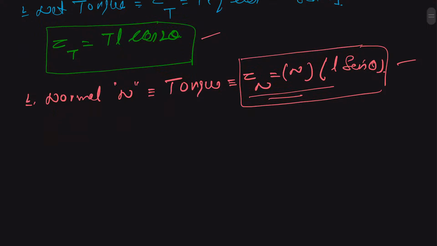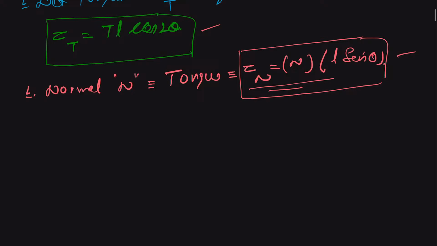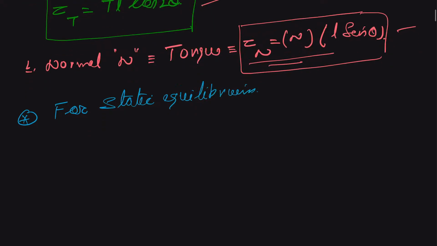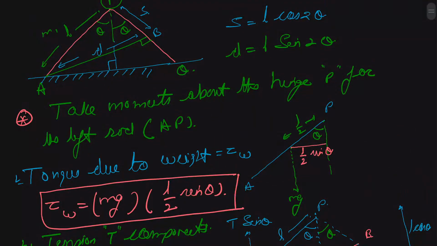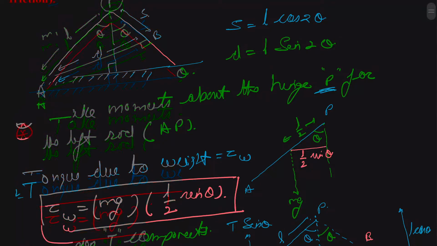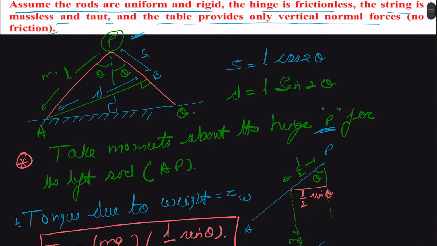And it is given that your system is in static equilibrium. Therefore we can say for static equilibrium, and please remember everything being calculated is with respect to the hinge P. Okay, hinge P means with respect to this point.